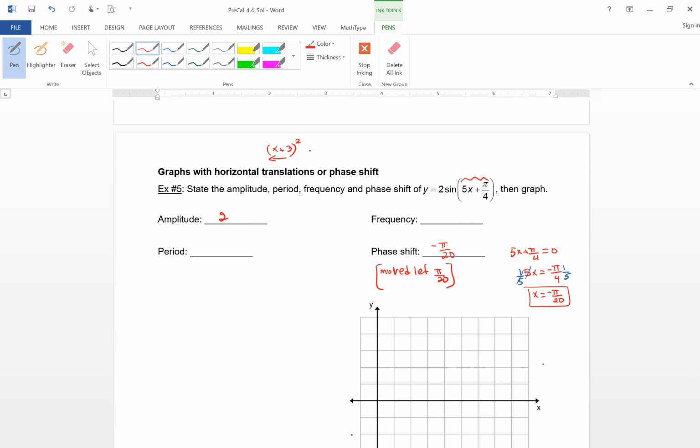Okay. So the period, you take this number for the period. It's 2 pi over b, which is 2 pi over 5. So that's your period. How do you go from period to frequency? Flip it over.